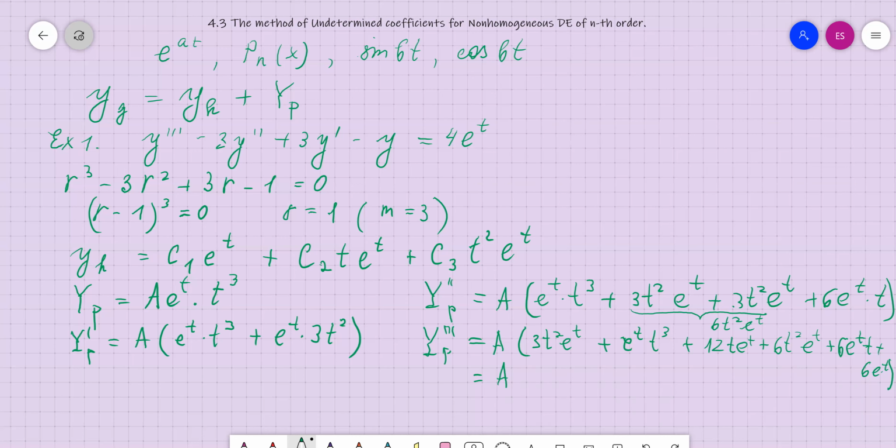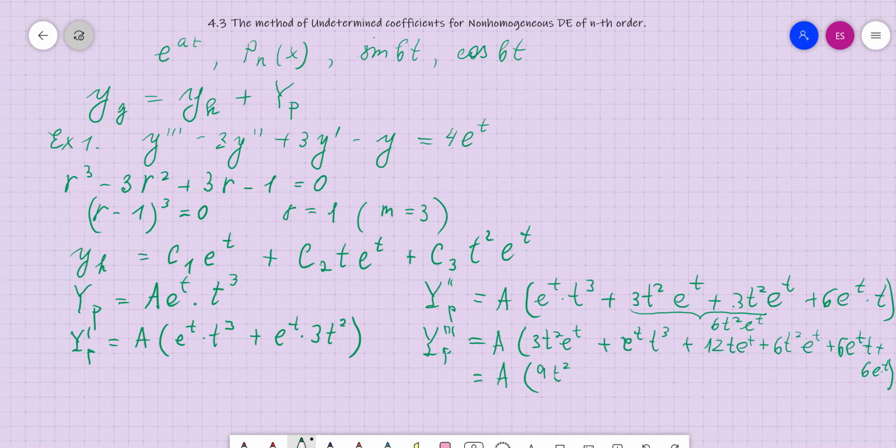Then I'll be able to substitute everything. It looks like this. So 3t squared e to the power of t is going to be repeated in all terms, right? I'm just going to simplify the polynomial part. What I have here, 3t squared, do I have more t squared? Yes, I have 6t squared too. So I'm going to erase 3 and add 6 together, right?